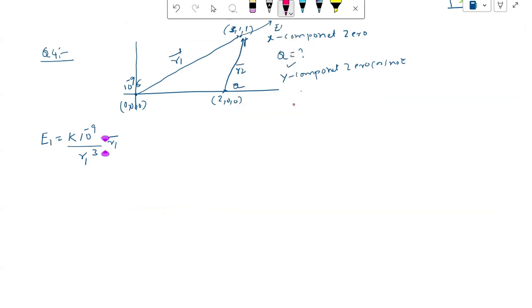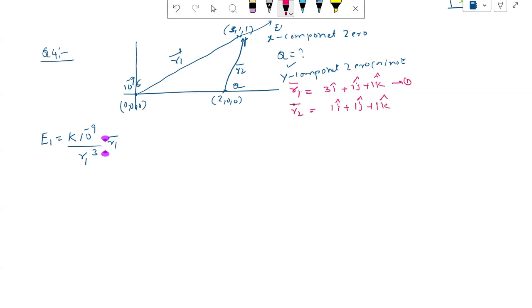From the diagram, R1 bar is equal to 3 I cap plus 1 J cap plus 1 K cap, because this is the origin only. Similarly, R2 bar is equal to 3 minus 2, 1 I cap plus 1 J cap plus 1 K cap.